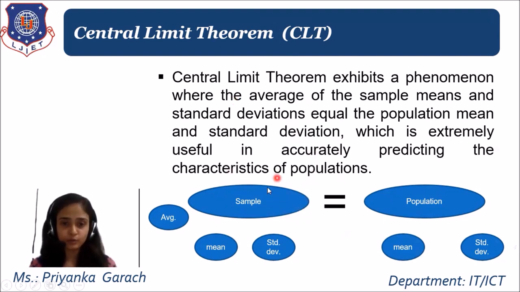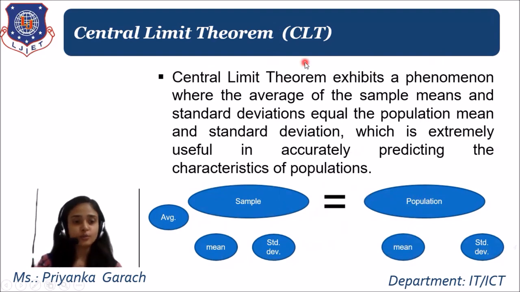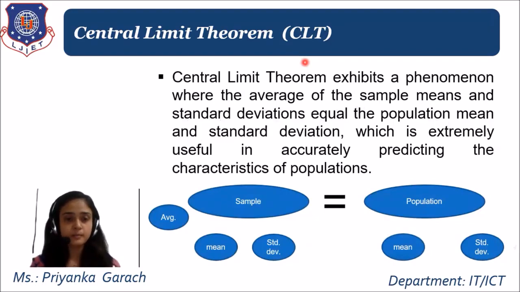Over here I have drawn this graph, showing that the average of the sample mean and the standard deviation is almost equal to the population mean and the standard deviation in the central limit theorem.